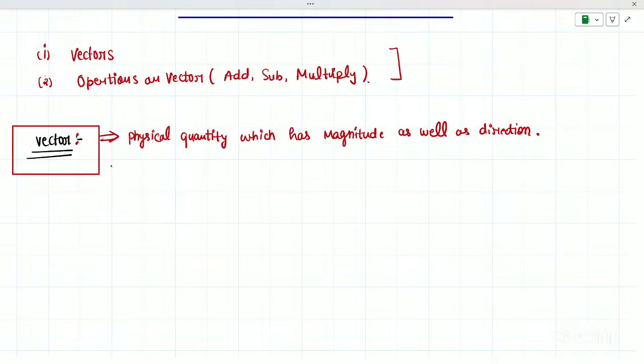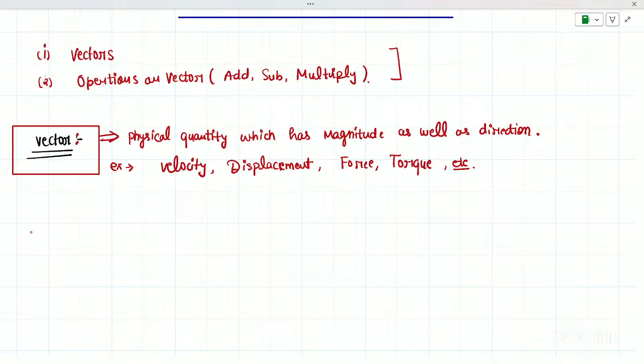For example, the velocity, displacement, force, torque, etc. So these are the quantities that require the magnitude as well as the direction to define.